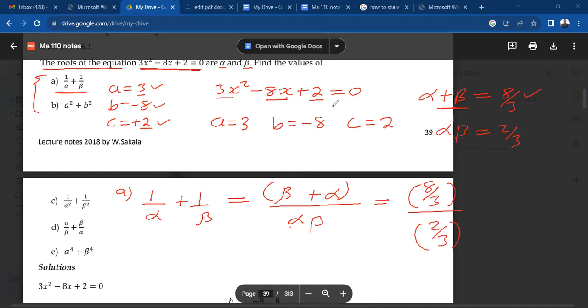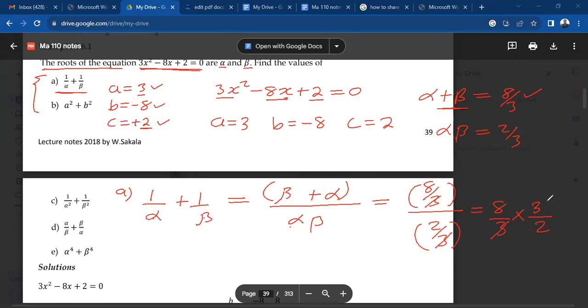Then as a person who's doing mathematics, you should know the basics of multiplication. If you are dividing two fractions, the denominator cancels with the denominator. If you want, let's do it the grade 8 way. 8 over 3 divided by 2 over 3 is the same as times, so you swap these two. 3 goes in the numerator over 2 goes in the denominator.